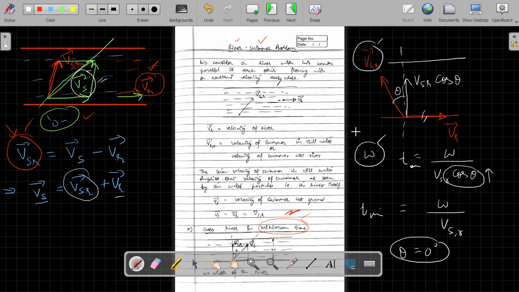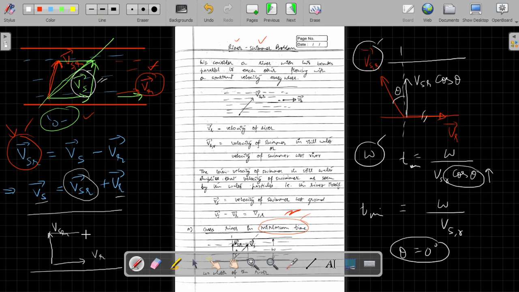So what would be the velocity of swimmer with respect to ground in this minimum time case? Take the bank of the river, and this is the velocity of swimmer with respect to river, and this is the velocity of the river.